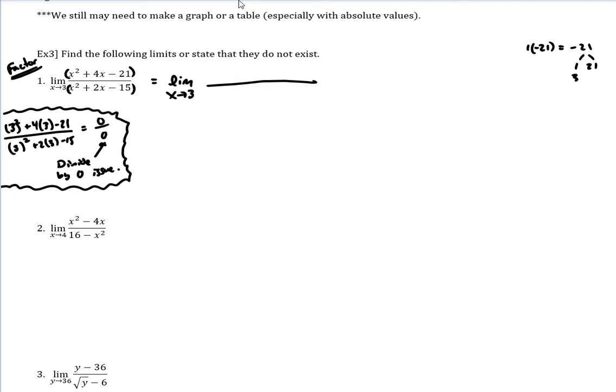The factors of 21 are 1 and 21, and 3 and 7. And I know a negative 3 and a positive 7 is what would give us that positive 4. And then notice that these multiply and give us negative 21. Because the coefficient is 1, I'm going to factor it as x minus 3 and x plus 7.